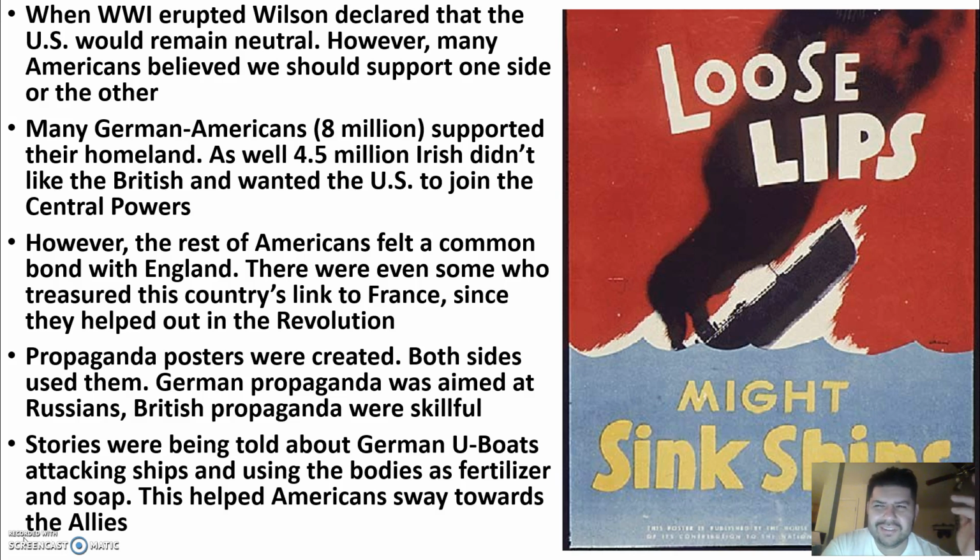How can you use dead bodies for soap and for fertilizer, what you use for plants and things like that? That doesn't sound legit. And the thing is, it wasn't. But still, it made the people sway more towards helping the Allies than the Central Powers.